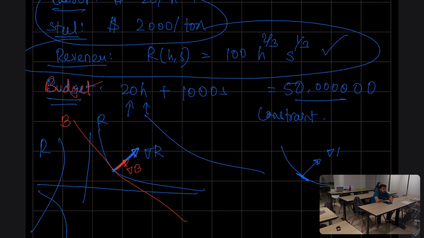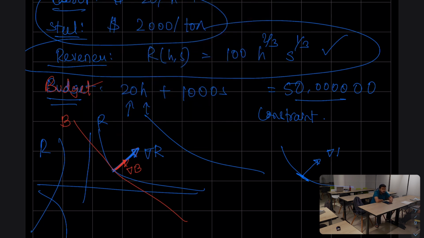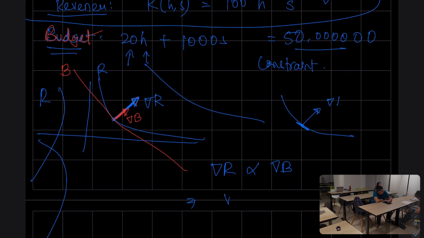Okay, so the optimization problem actually looks like that my delta R is actually proportional to delta B because directionally they are same. However, magnitude can be different. So that's the idea.